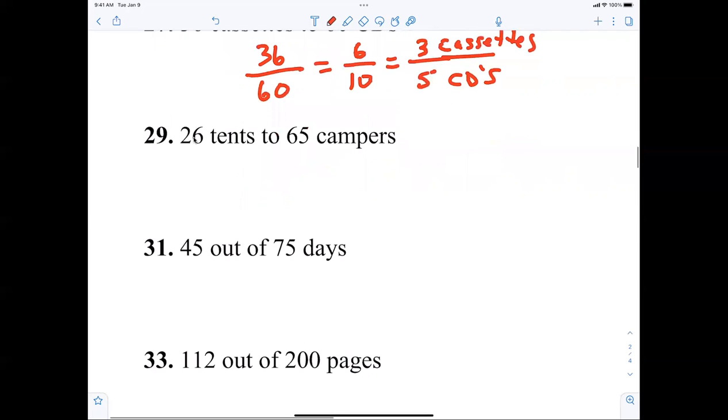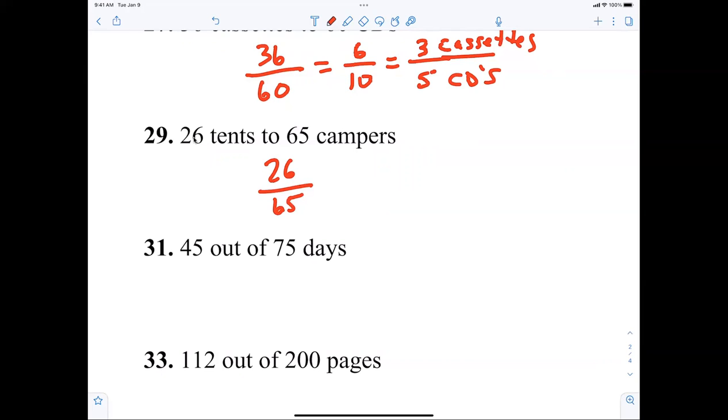Next, 26 tens to 65 kids. Right? It's 26 over 65. Do 26 and 65 have anything in common? Well, how many times does 2 go into 65?